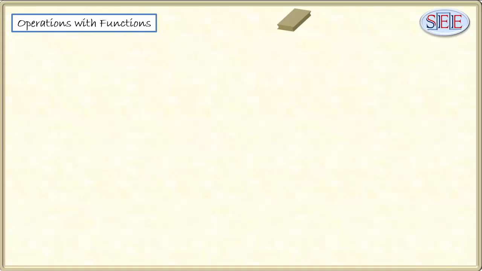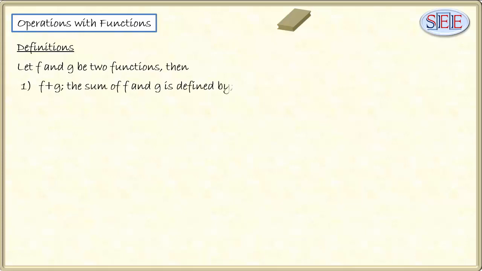Next we'll add some definitions about operations with functions. There are things that we're supposed to know whenever we are performing operations with functions. So let f and g be two functions. Number one definition that we must know: f plus g, the new function which serves as the sum of the two functions.